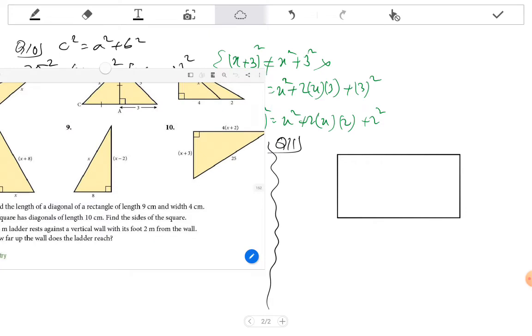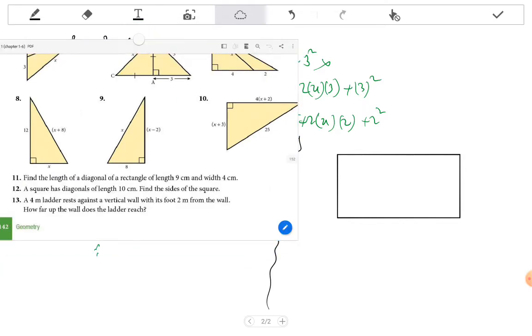Now I have to find the length of a diagonal whose side length is 9 and width is 4. The diagonal is any one diagonal. You can make any diagonal like this. This is actually x, which is required.